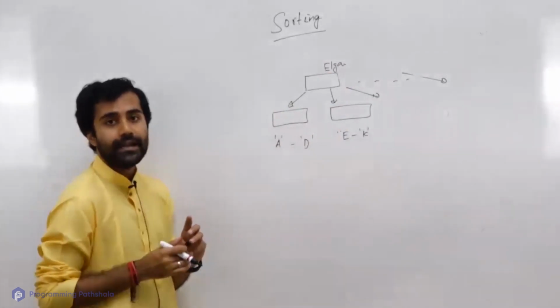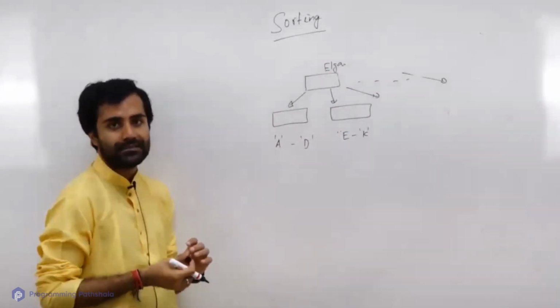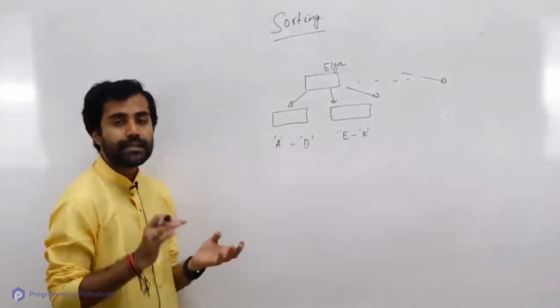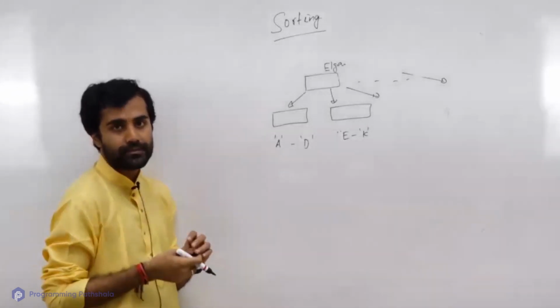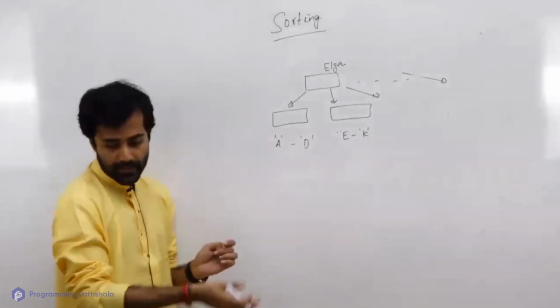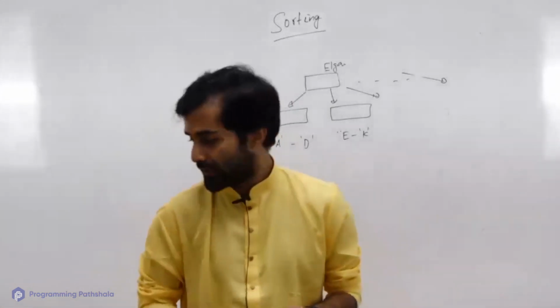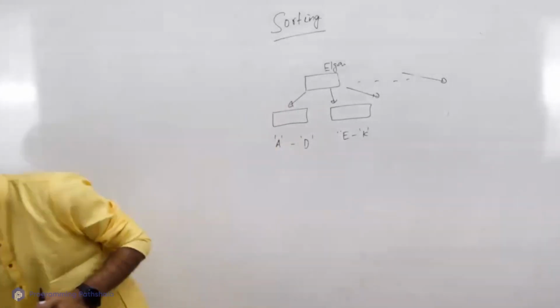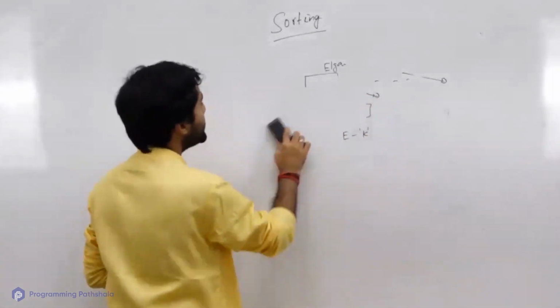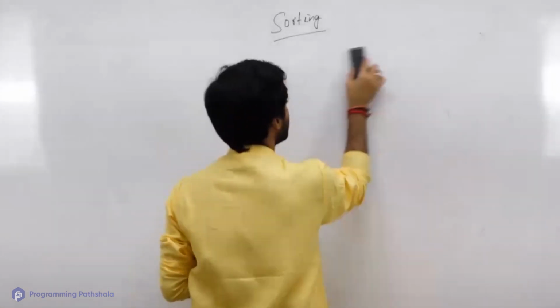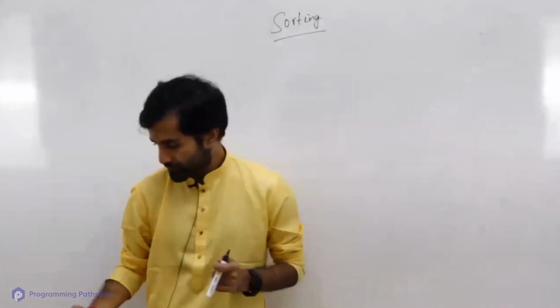Inherently, the idea behind them is to store the data in sorted form so that it becomes very easy to retrieve and search them. We'll talk about these data structures in the time to come, but I just wanted to set the context that the major reason behind sorting the data is to make search easy.